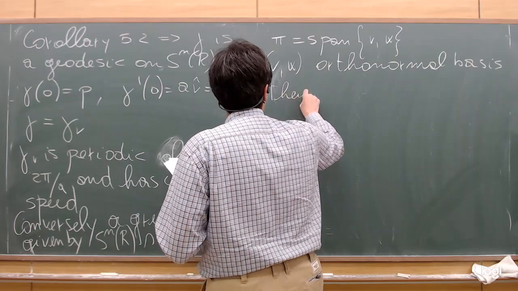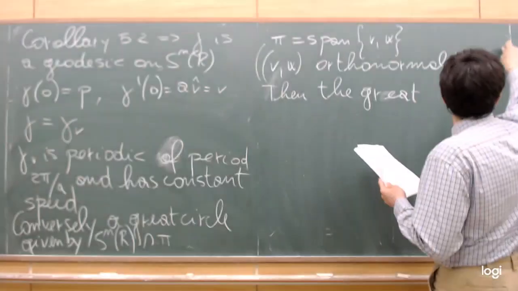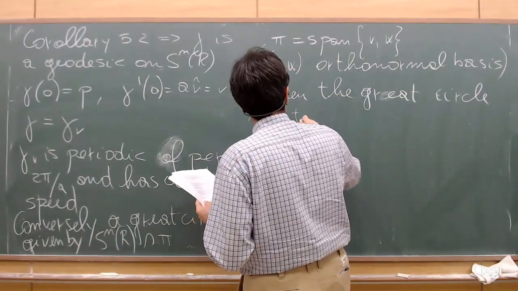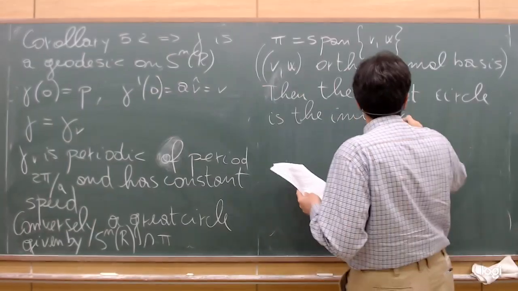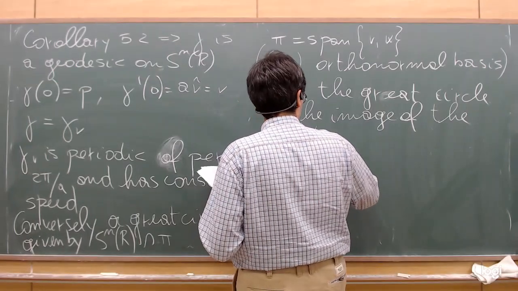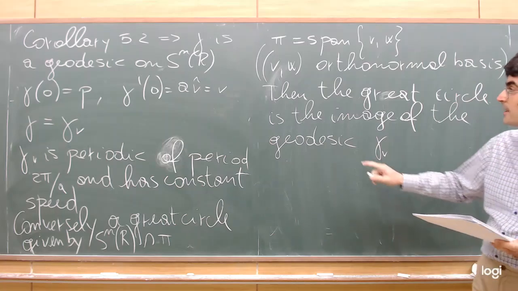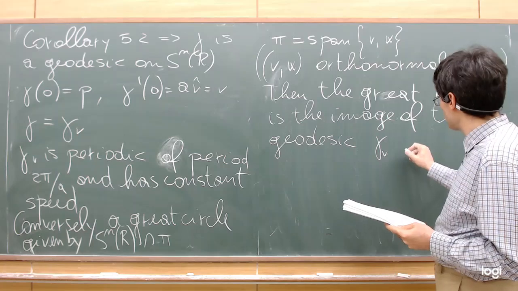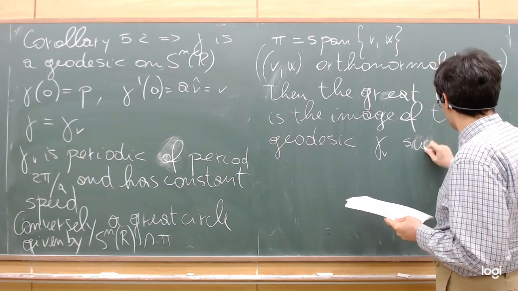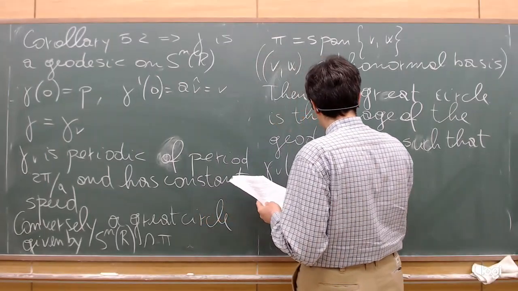Then the great circle is the image of the geodesic gamma v, where v is exactly this vector here, such that gamma v 0 is R W.